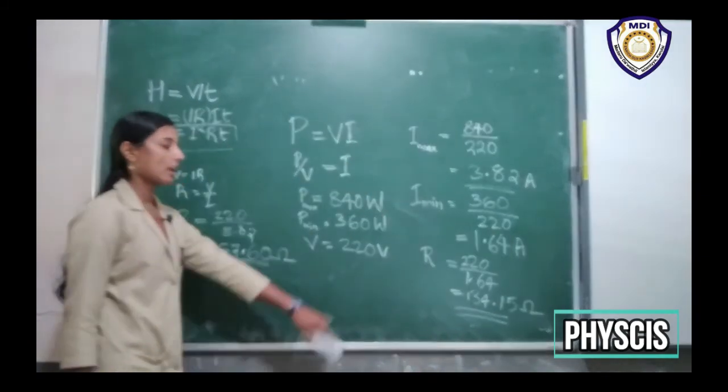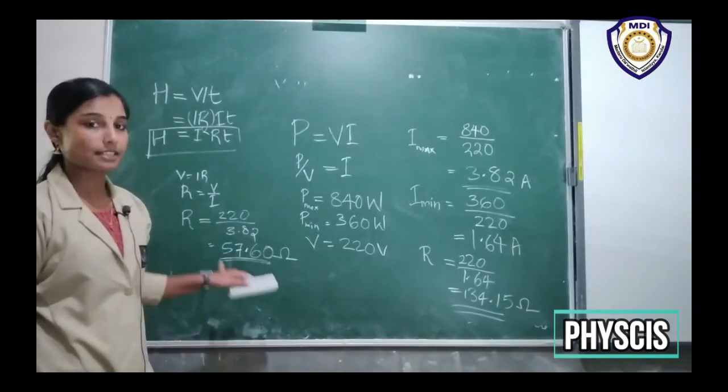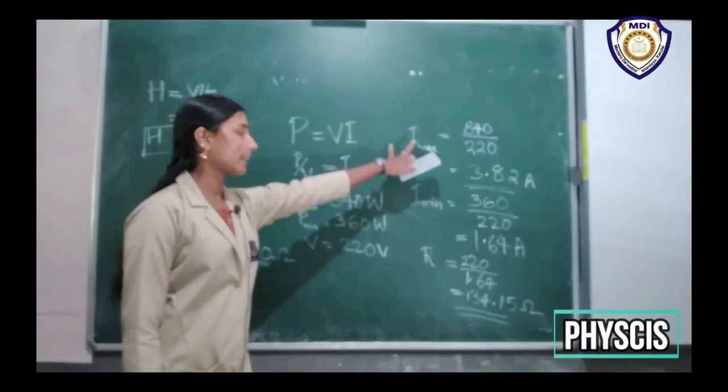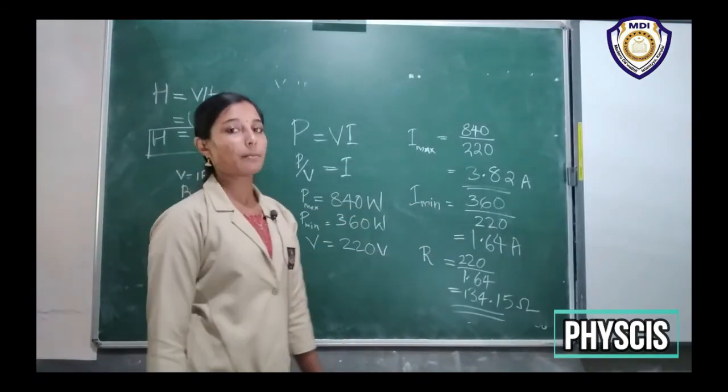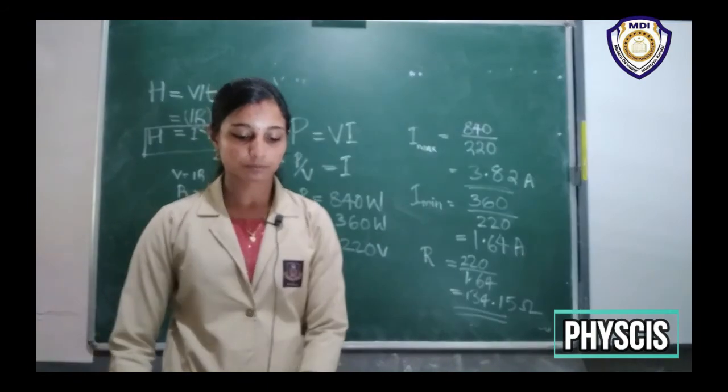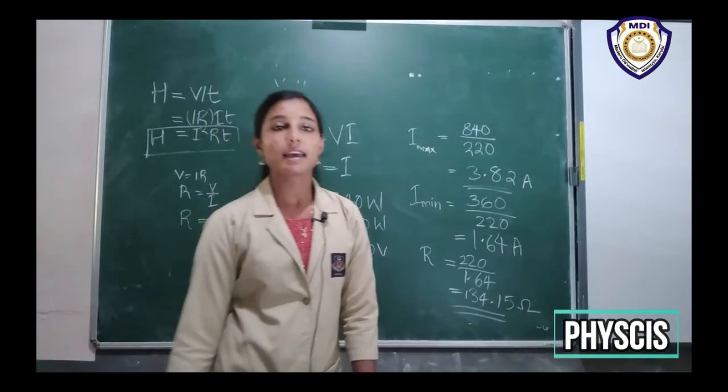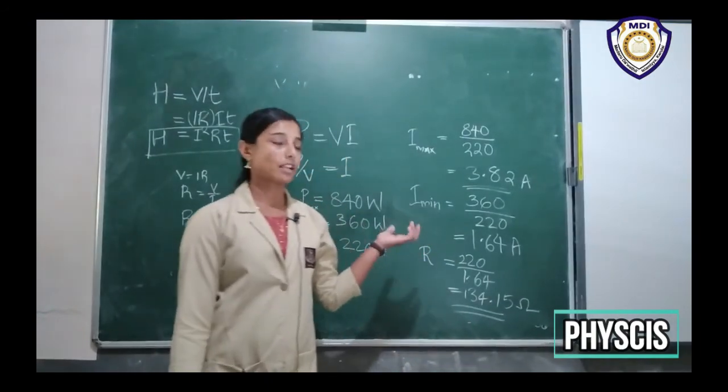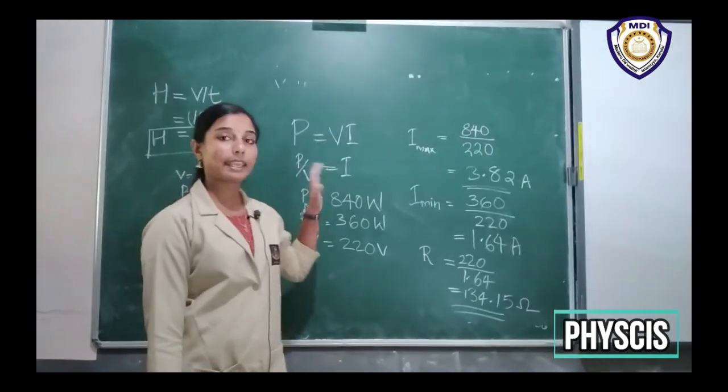Okay, so these are the resistances in each case and the current through them in each case. Okay, so this is how we can solve the problems by using the heating effect of electric current.